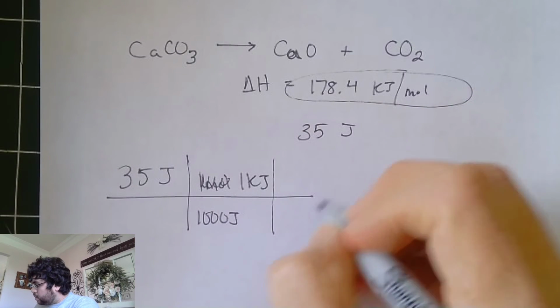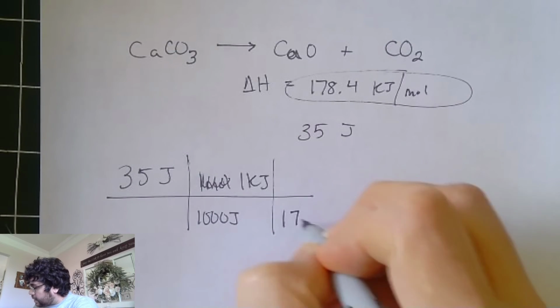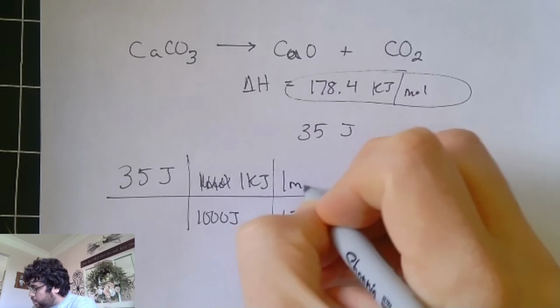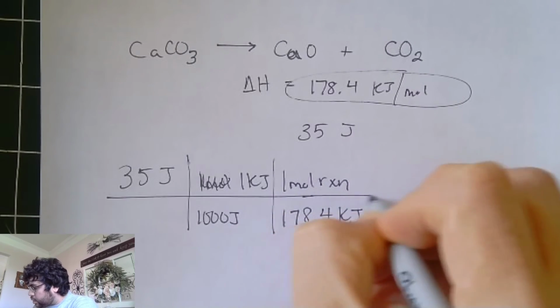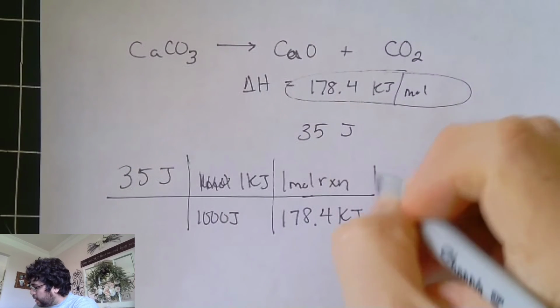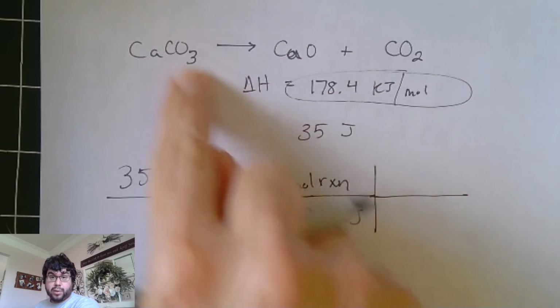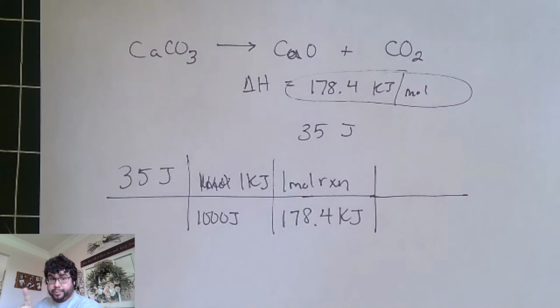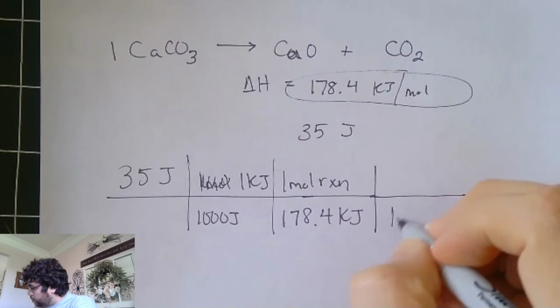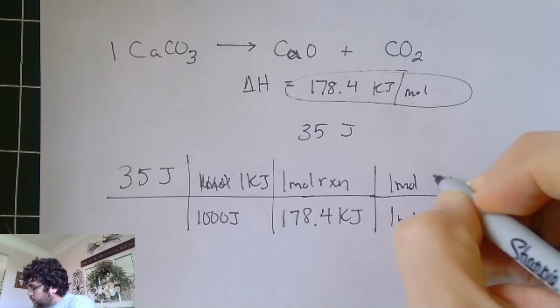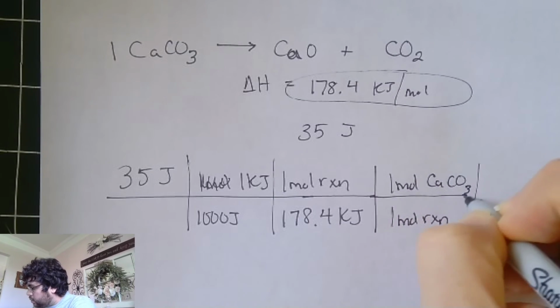Then 178.4 kilojoules per 1 mole of the reaction. How much CaCO3 is used per mole in 1 cycle of this reaction? 1, because that molar coefficient is 1. So 1 mole of the reaction gives us 1 mole of CaCO3.